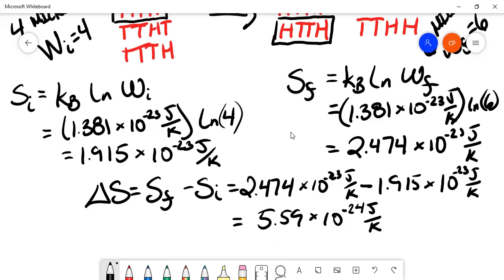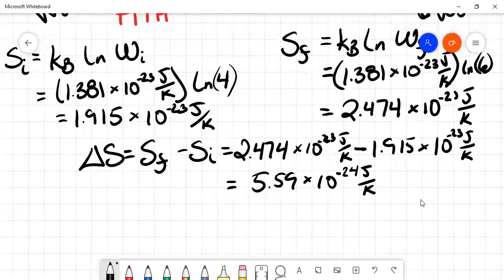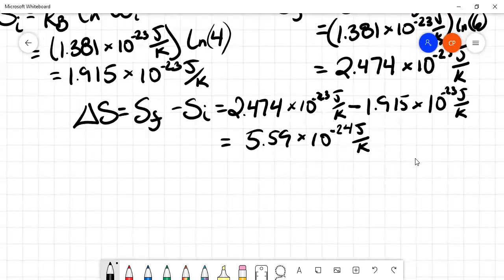Now, it would be nice if I didn't have to do quite as much number crunching. There's one principle of logarithms I can bring to bear that can help simplify the number crunching for when I need to do delta S. Let me talk through that real quick here.